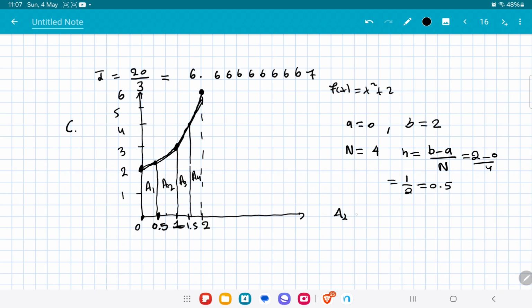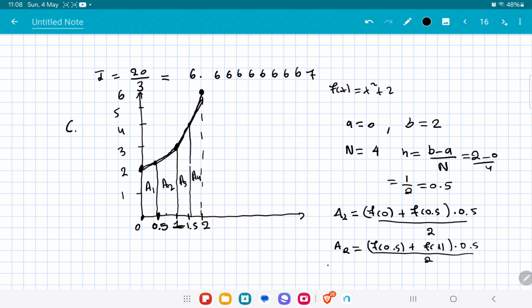So the A1 is going to be, what is the small base here? f of 0 plus the big base, f of 0.5, times h, which is 0.5 over 2. And the second trapezium is going to be f of 0.5 plus f of 1 times 0.5 divided by 2.